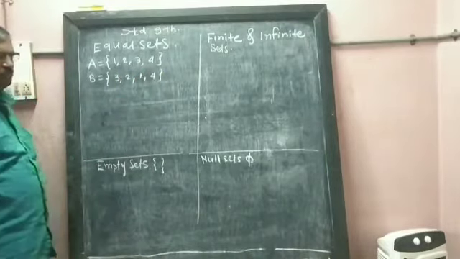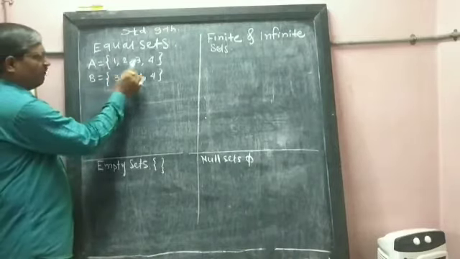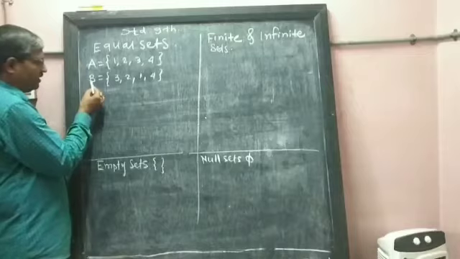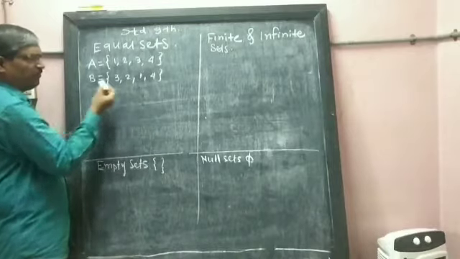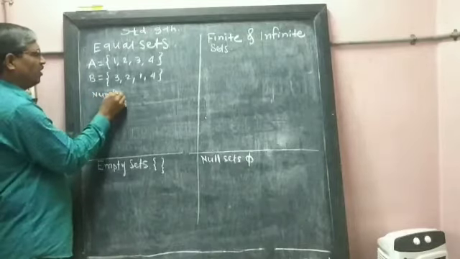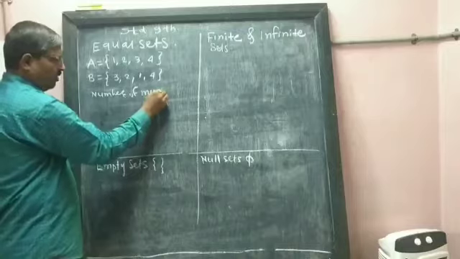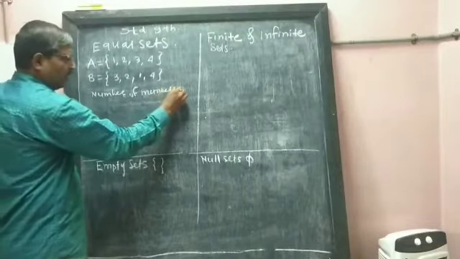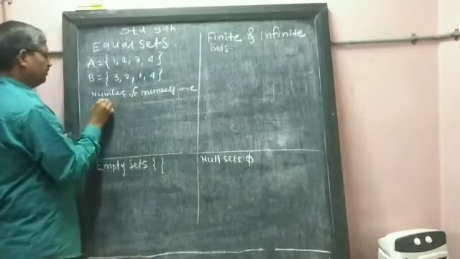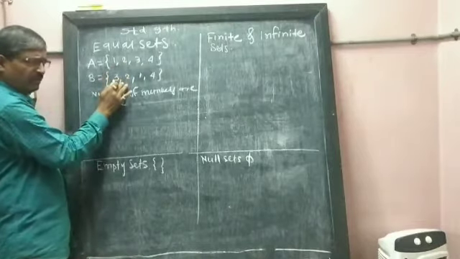If you observe these both sets, there are 4 elements here, and in the second set B also there are 4 elements. Means the number of members are the same.